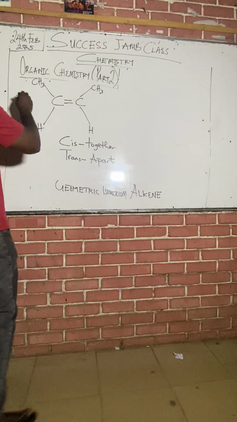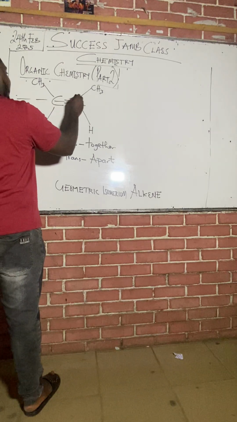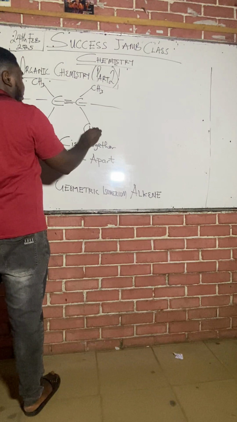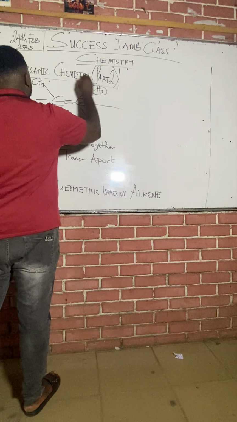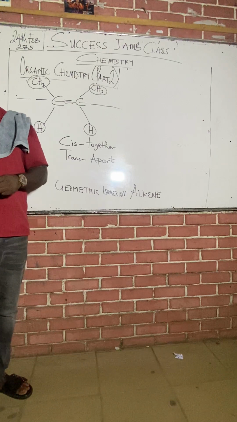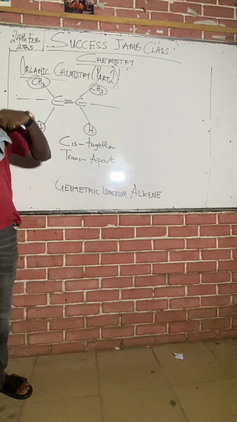Class, let us draw the plane that cuts across this structure like this. And you find that on this side of the plane, we have similar groups, hydrogen and hydrogen. And on this other side, we have similar groups together. This is a cis isomer. This is a what? A cis isomer.